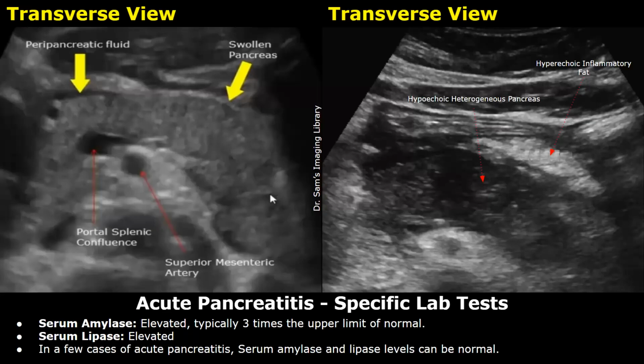These elevated values strongly suggest pancreatitis. However, in a few pancreatitis cases, serum amylase and lipase levels can be normal, but it is very rare. These lab test findings, along with ultrasound findings, help in the diagnosis of acute pancreatitis.